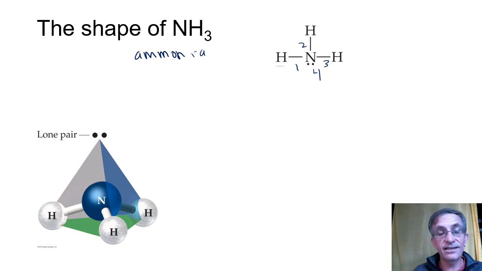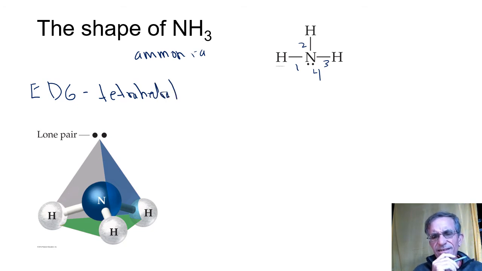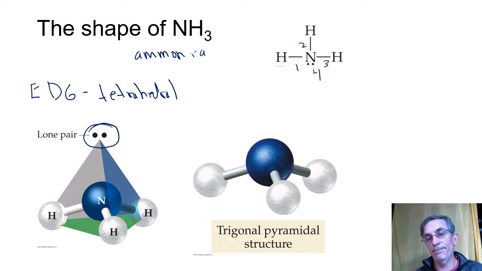So the electron domain geometry, there's 4 areas with electrons. This thing is going to make a tetrahedron. So it seems the same, right? But there's one difference. At one of the corners, instead of being an atom like we saw a minute ago, there's a lone pair. So if we just look at what the atoms are doing, the atoms are making this shape.